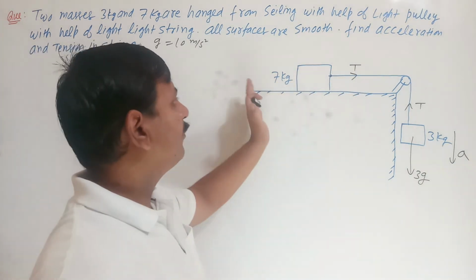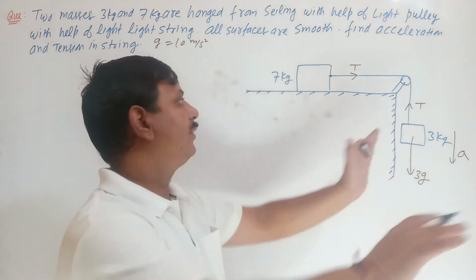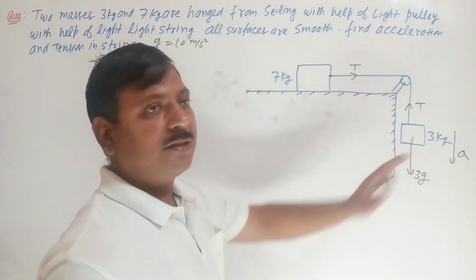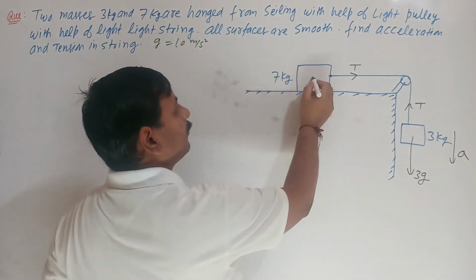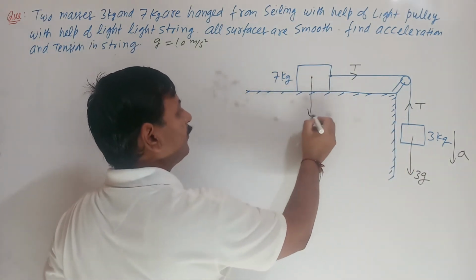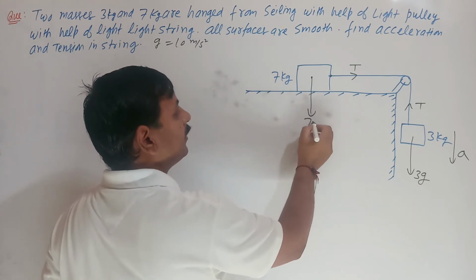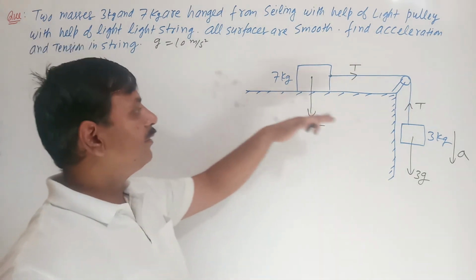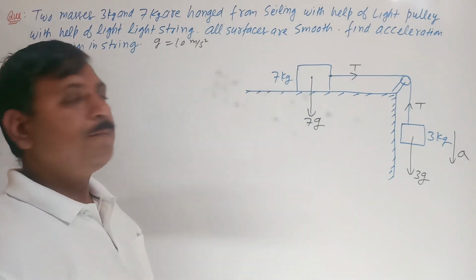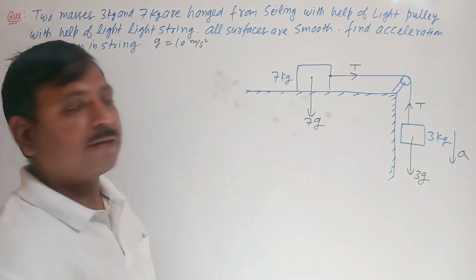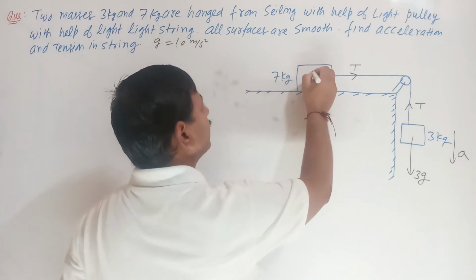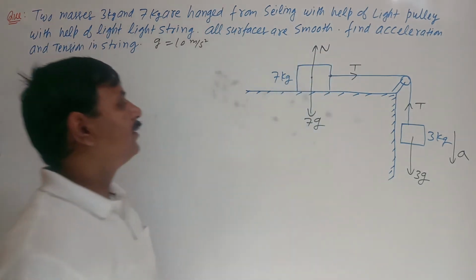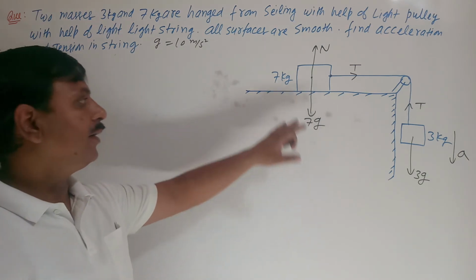See, due to tension, the 7 kg has a tendency to go towards the right hand side, towards the 3 kg mass. So what will be the weight here? Weight of this 7 kg mass is 7g, but it is kept on the horizontal table. So it will give a normal reaction, and this normal reaction will balance this 7g weight.